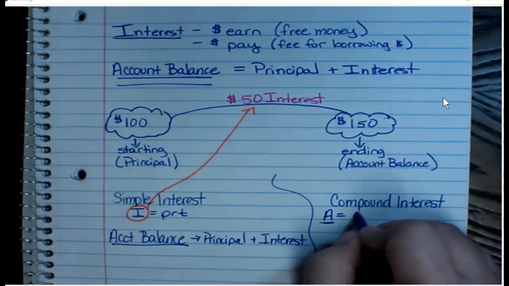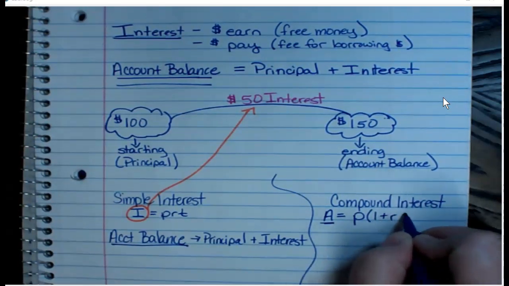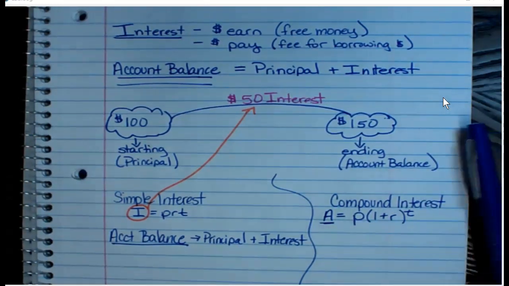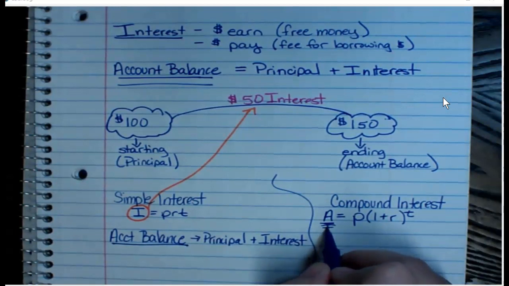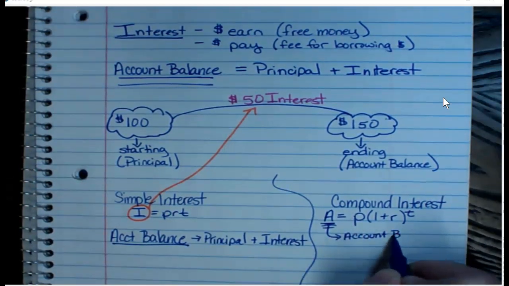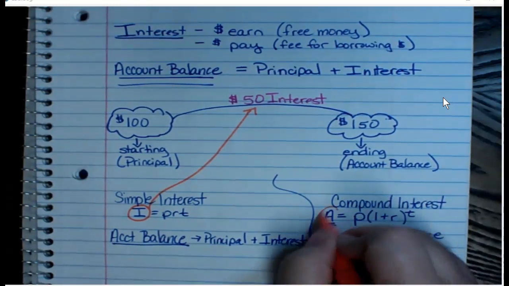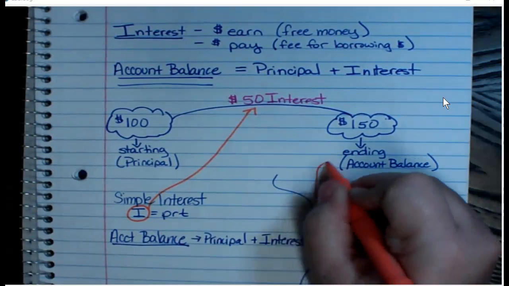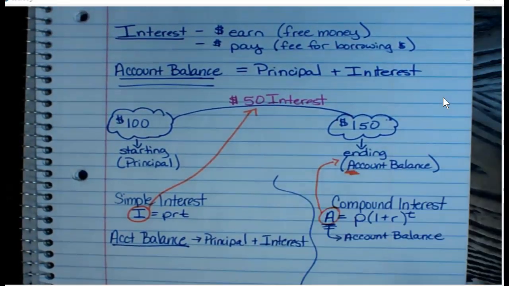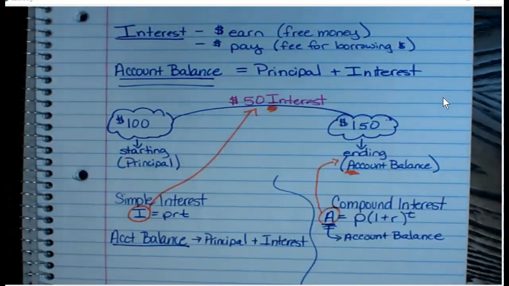So that formula is the principal times 1 plus the rate as a decimal to the power of t, or the time. So A stands for account balance. This amount right there, the account balance. A. Interest stands for the interest amount.